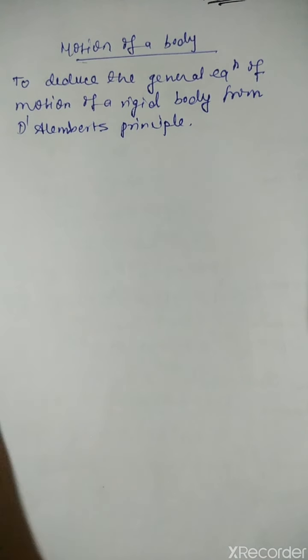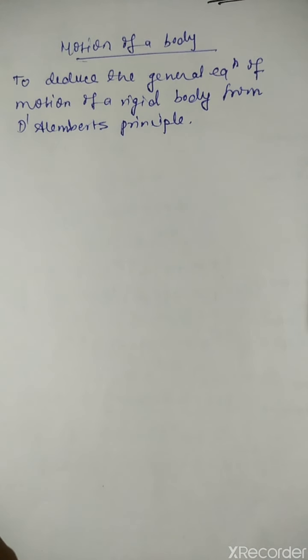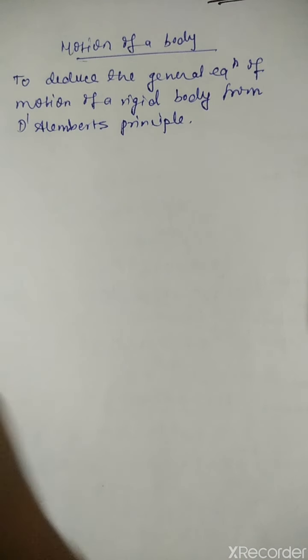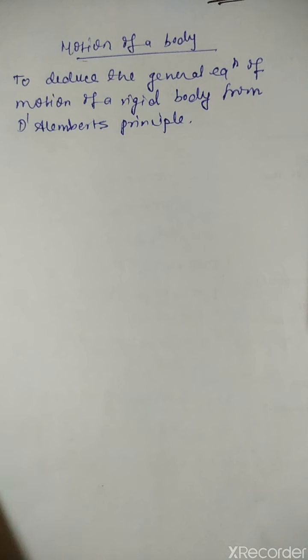We have seen that the reversed effective force acting on each particle of the body and the impressed, that is external, force are in equilibrium. So here we use D'Alembert's principle and find the motion.